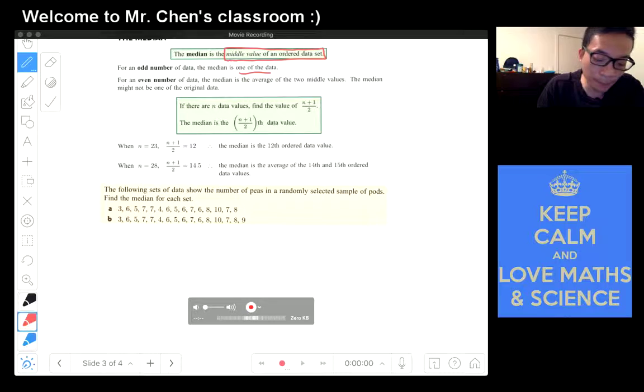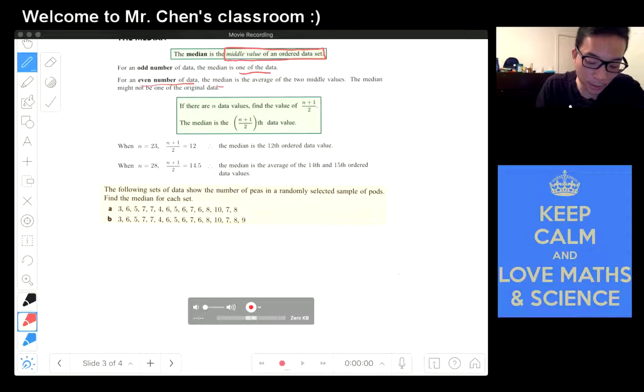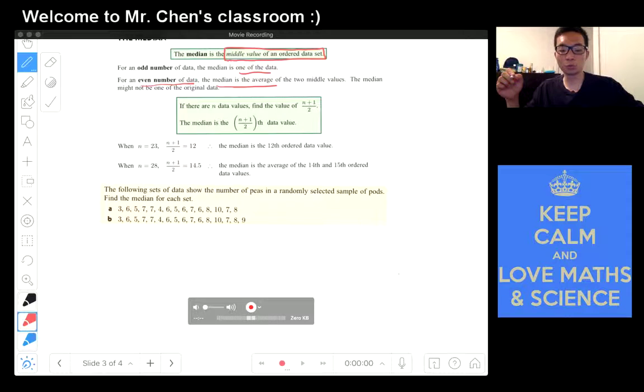However, if you are collecting, let me make it 20 data, from 20 different people, which is an even number, the median is actually the average of the two middle values.